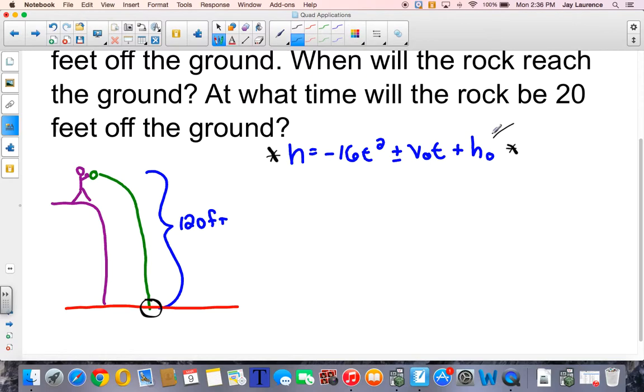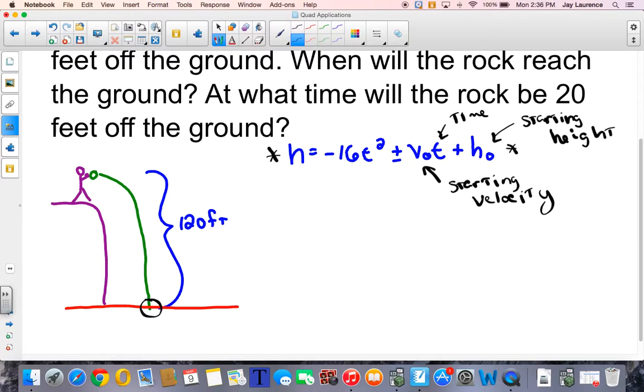Well, h sub 0 is going to be your starting height, or original height. t, of course, is time. v sub 0 is your original velocity or starting velocity.